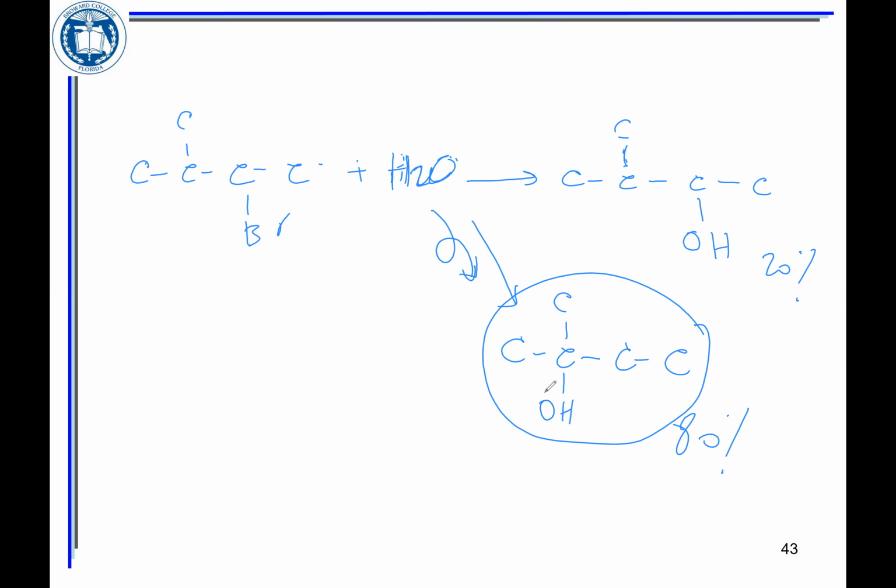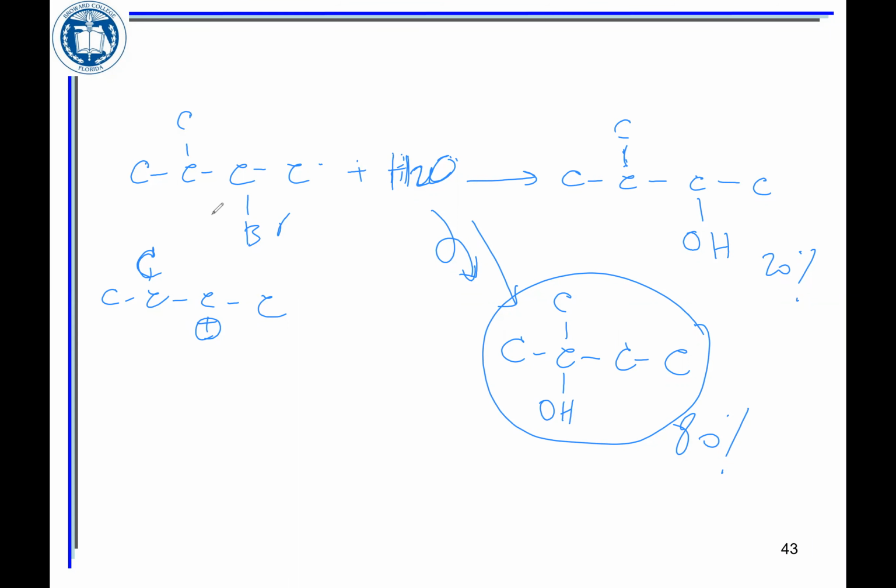So what is happening in this case, if you look at the mechanism for this reaction? Step 1 is formation of the carbocation. On step 2, H2O would come in and react with this carbocation.